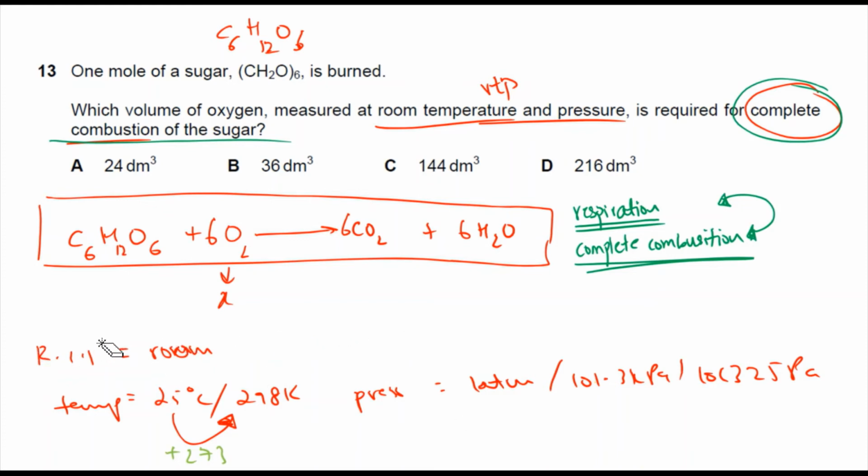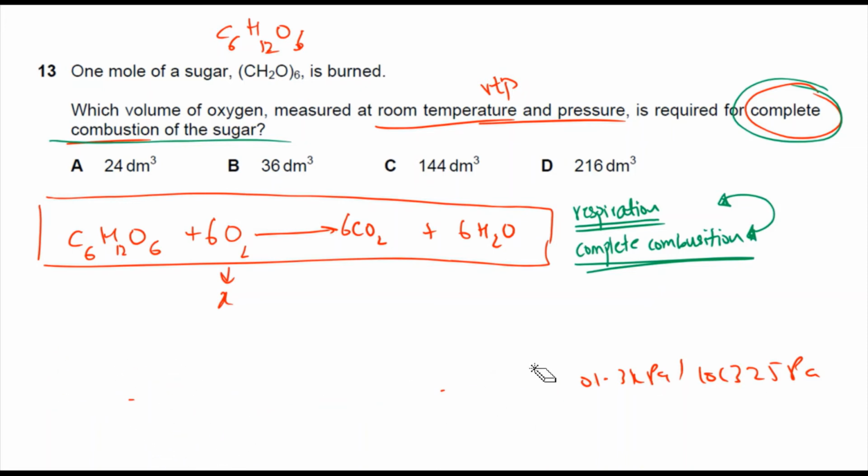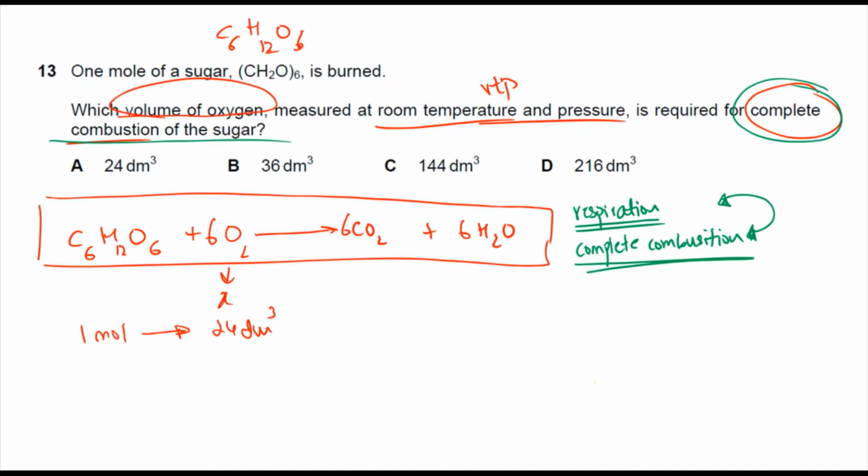ओके, लेट्स मूव ऑन वेरी क्विकली। ओके, सो अब आई सेड, बात हमने की थी कि 1 मोल of any gas at RTP occupies 24 dm cube of volume। तो इसका मतलब है कि जब 1 मोल at RTP of any gas occupy कर रही है 24 dm cube को, और we are interested in the volume of oxygen, तो ऑक्सीजन वो कितनी है यहाँ पे, there are 6 moles.